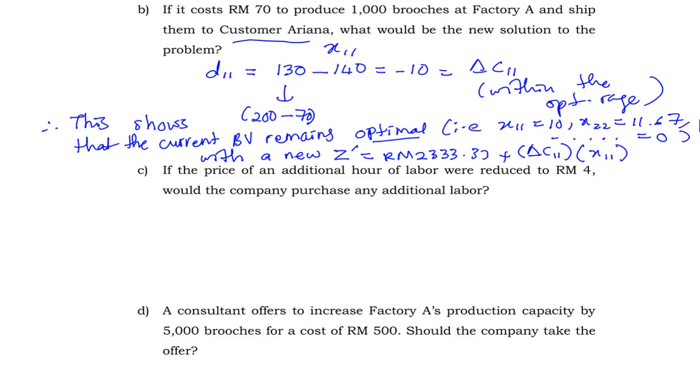So we get RM2,330.30 minus 10 multiplied by 10, since x11 equals 10. So we get RM2,233 and 33 cents. This is the new value for Z.